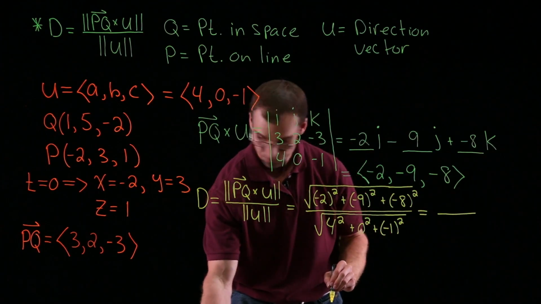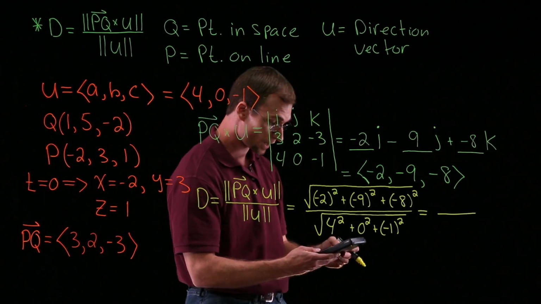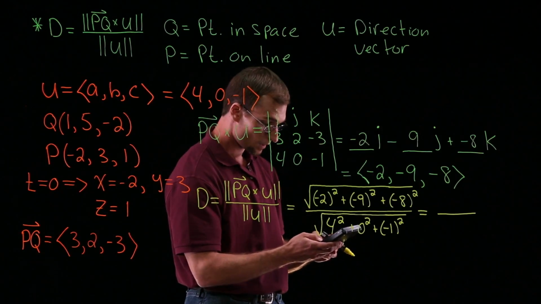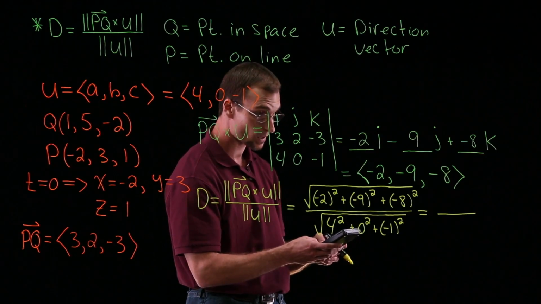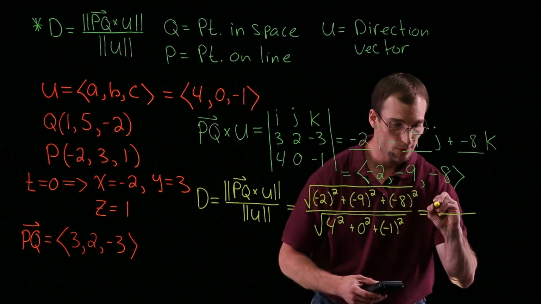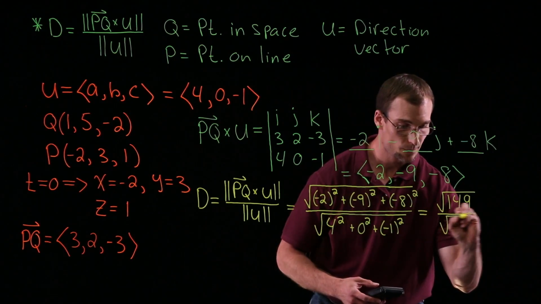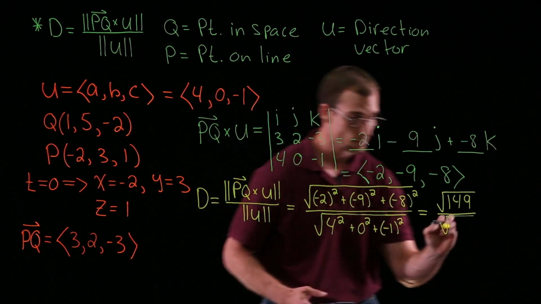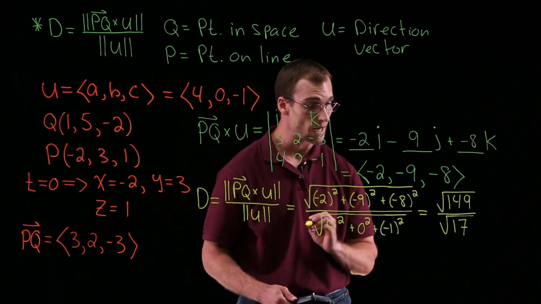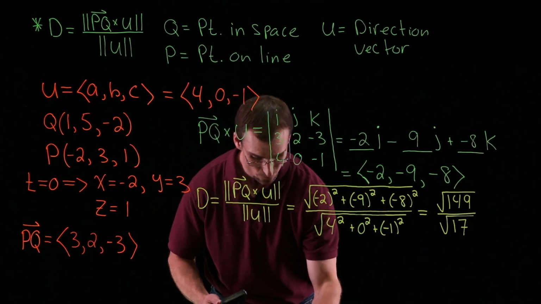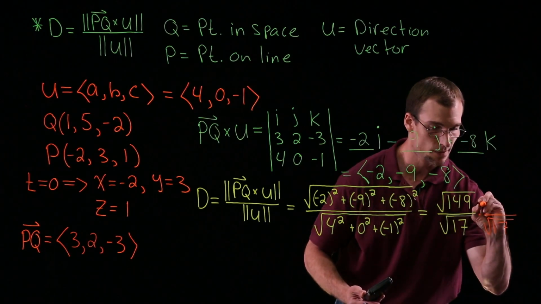We'll check this in our calculator. In the numerator, -2 squared plus -9 squared plus -8 squared gives us the square root of 149. In the denominator, we have 4 squared plus 1, or 17, under the square root. That's pretty good for our distance, but we'll go ahead and rationalize the denominator by multiplying top and bottom by the square root of 17.